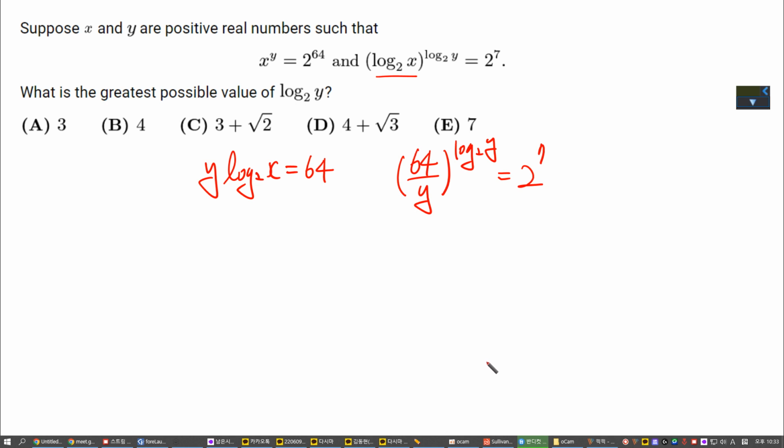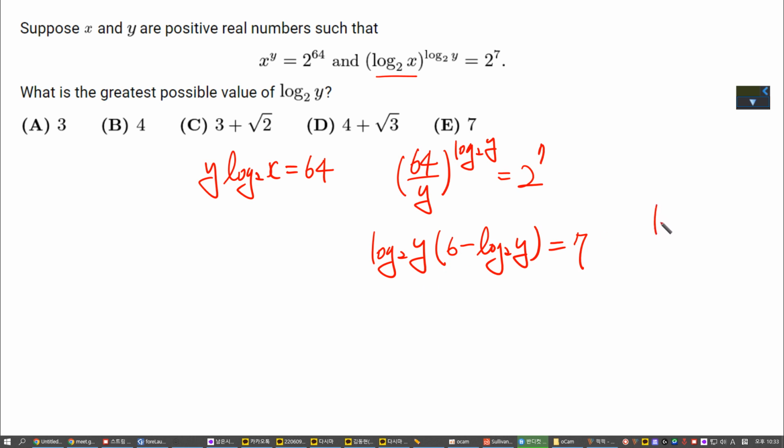And once again, we are going to apply the log 2 to both sides. That makes this log 2 of y come out. And in the case of a log, this division becomes a subtraction. So log 2 of 64 is 6. And for the right side, the base 2 cancels, so only 7 remains.